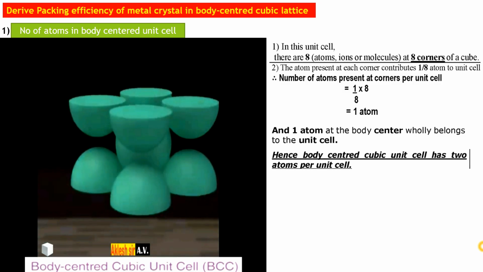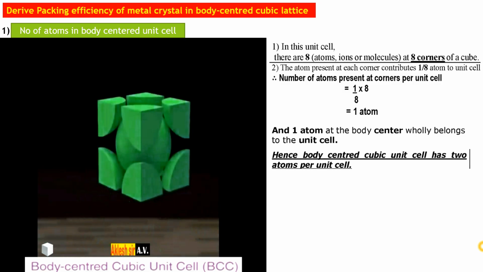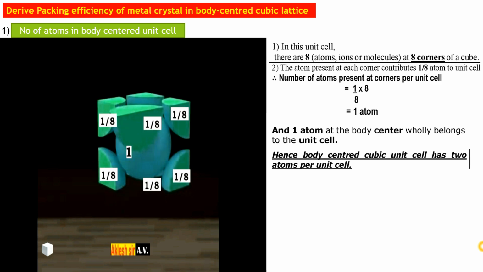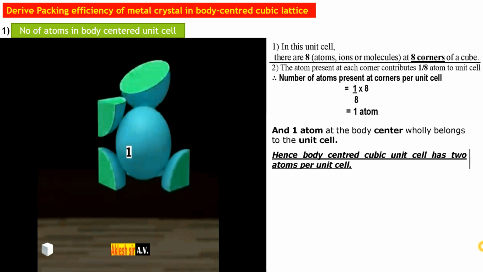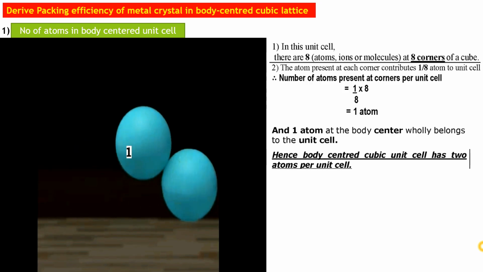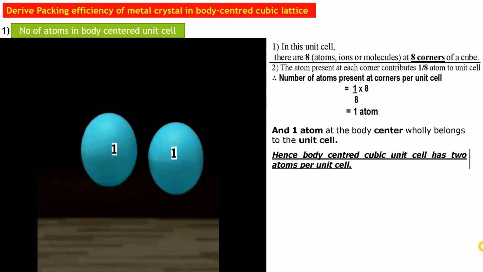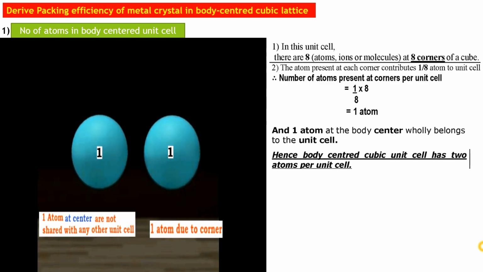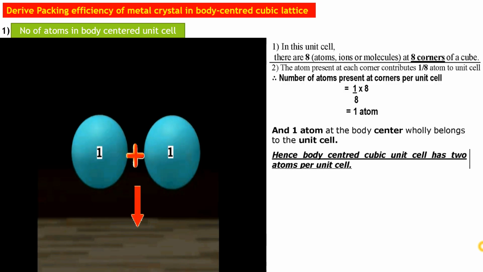As each atom at the corner position contributes 1/8 to the unit cell, the contribution of those 8 corner atoms to the unit cell is 1 atom. The atom at the center of the unit cell is not shared by any other unit cell, making a total of 2 atoms per body-centered unit cell.